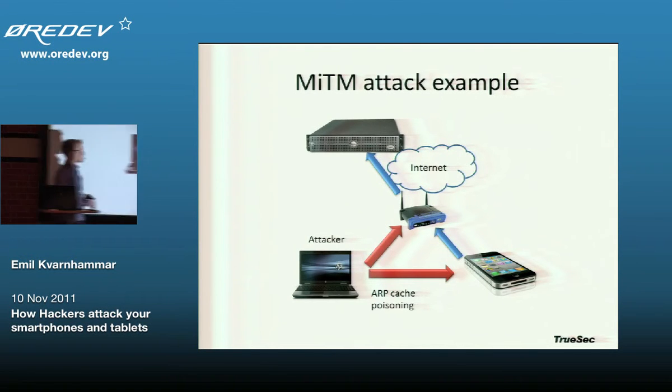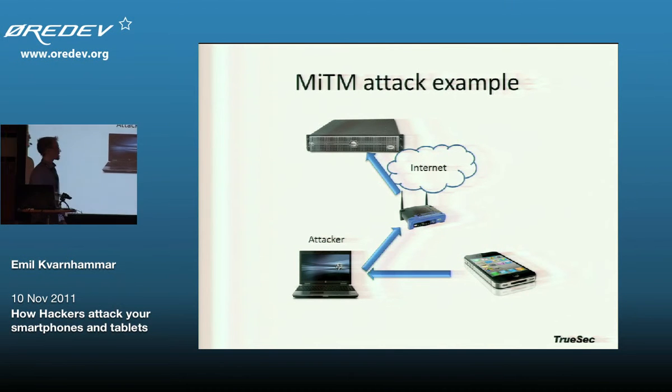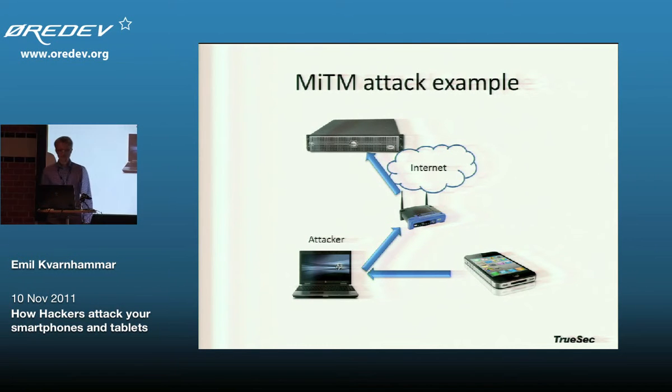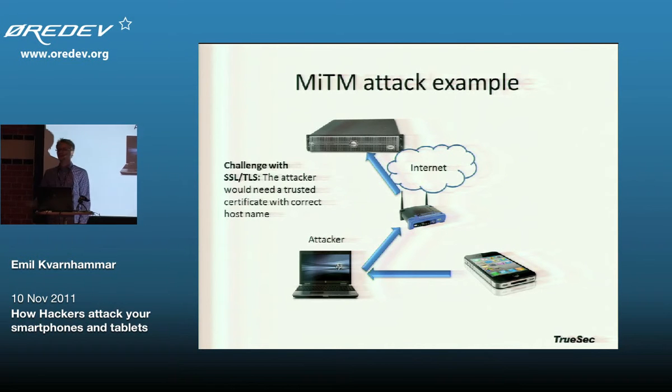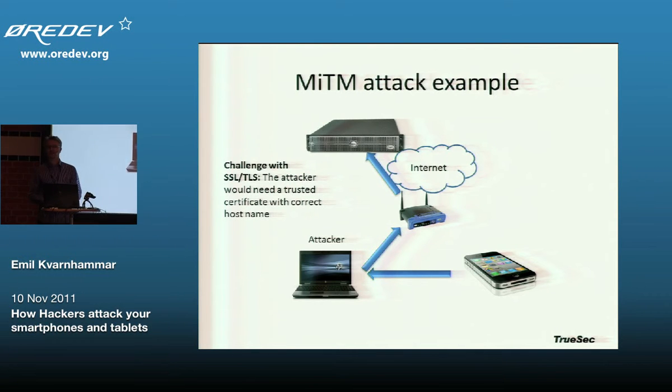That basically fools both the device and the router to send network traffic via the attacker's computer instead. But of course, if this is SSL or TLS traffic, then the attacker would still need a trusted certificate, because otherwise the user would get a warning: this is an invalid certificate, or this certificate doesn't match the server name that I'm connecting to.